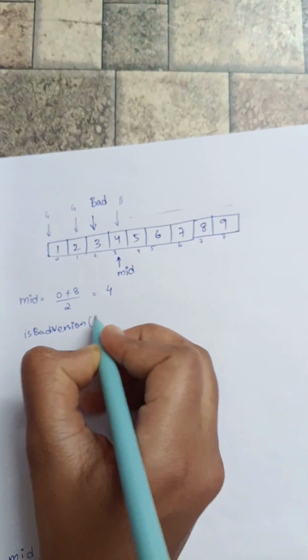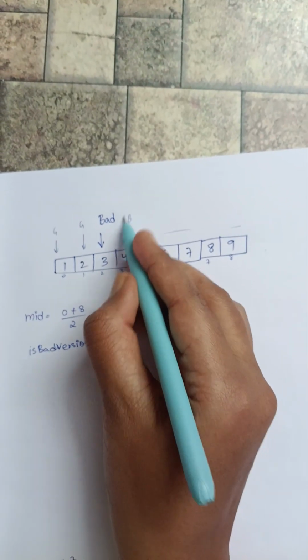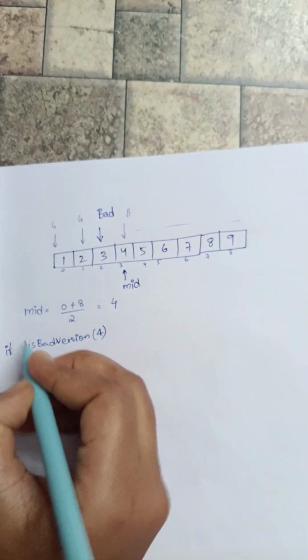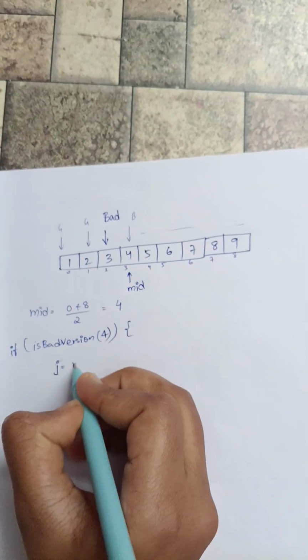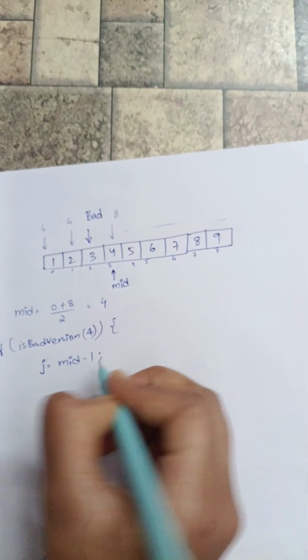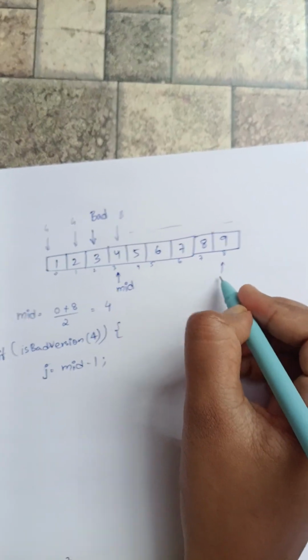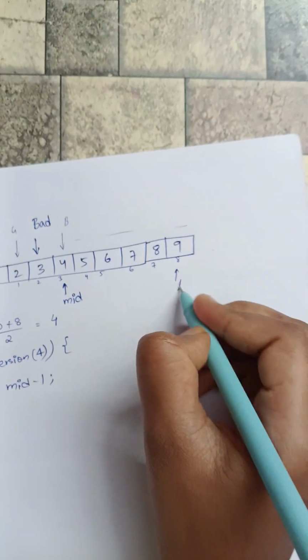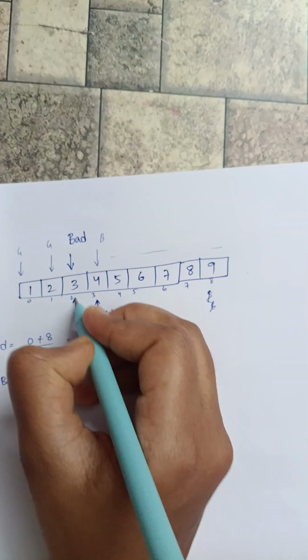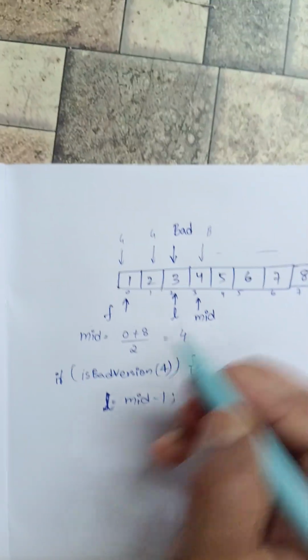Mid means here we are calling for 4. We have observed that this is bad. If this is bad, then do what we have written here, j equals mid minus 1. So this j means L, the last. Bring this last to this position and f will be here.